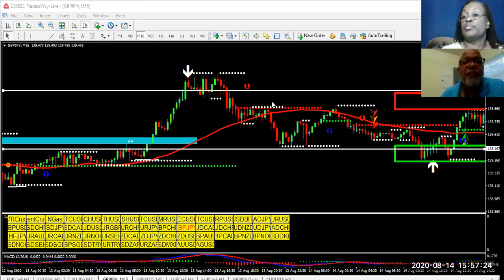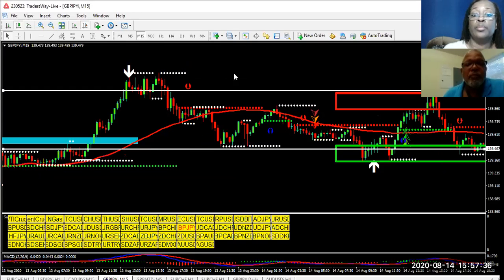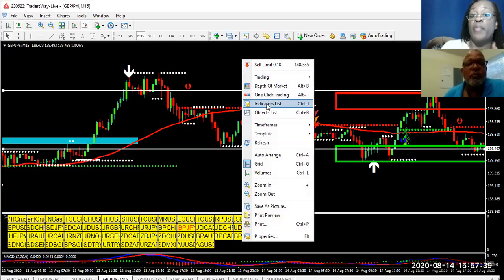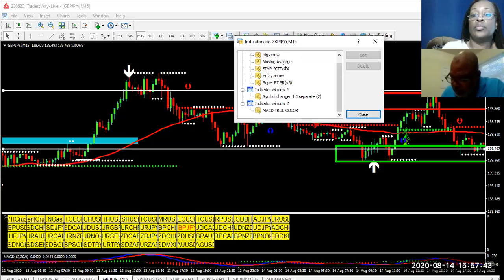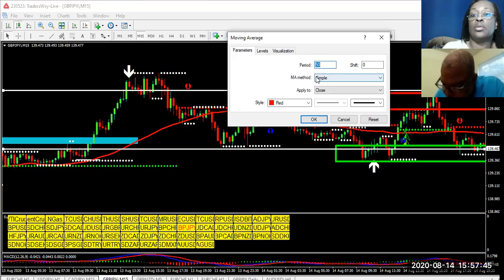So you moved the 50 moving average down to 13? Yeah, so you simply just change the number. So right now, this is the 50 moving average, and the reason is because I changed the number from 13 to 50. So it could be 13 or 50. Yeah.